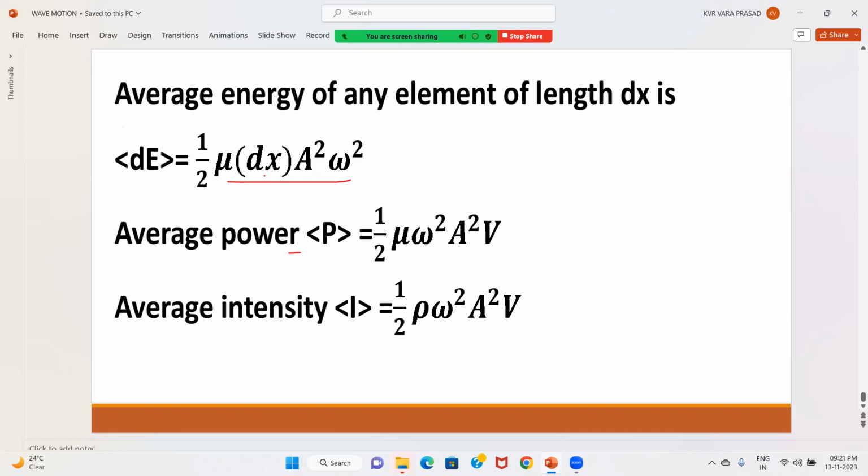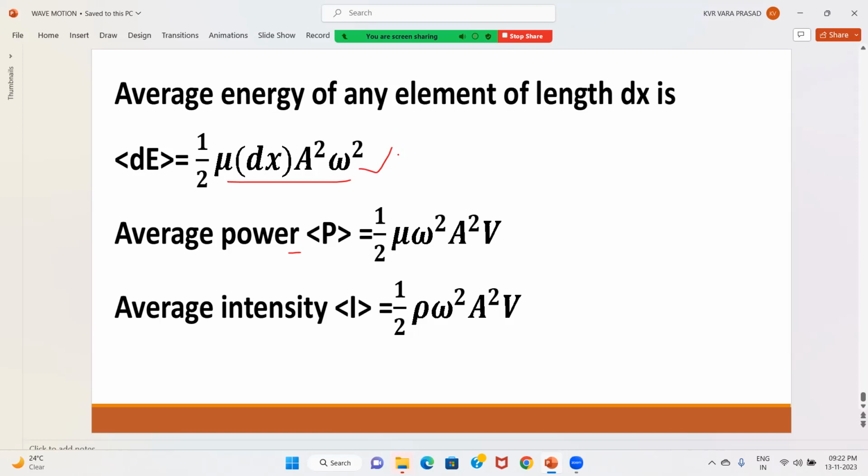In case of SHM, we have learned that oscillation energy is half m omega square a square, or half k a square, where k equals m omega square. So it is very easy to remember also: just half m omega square a square, with mass replaced by mu into dx.